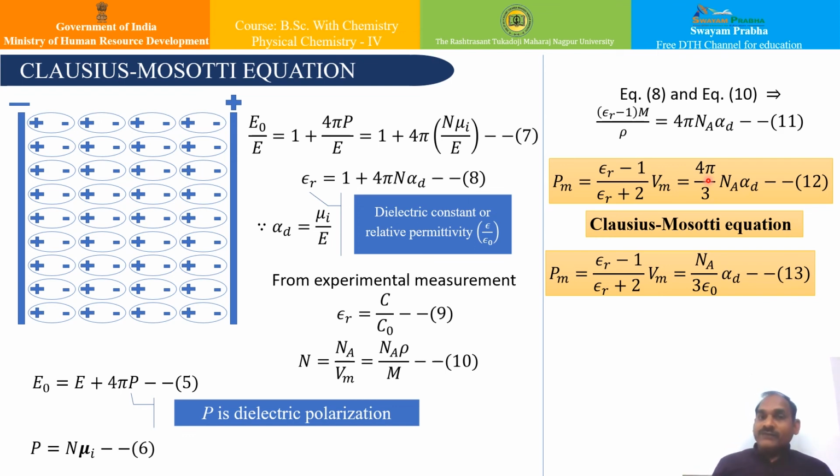This has been verified experimentally for nonpolar molecules such as hydrogen, carbon dioxide, methane, CCl4, etc., because these molecules do not have a permanent dipole moment. The Clausius-Mosotti equation is not obeyed by polar molecules such as HCl, H2O, ammonia, etc., which possess a permanent dipole moment.